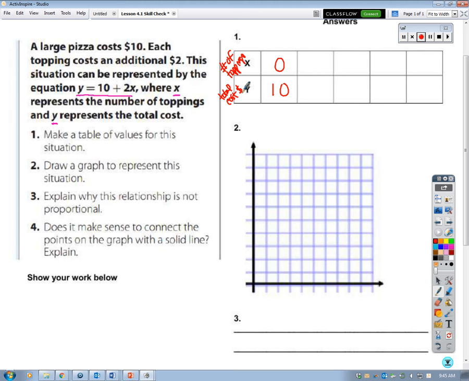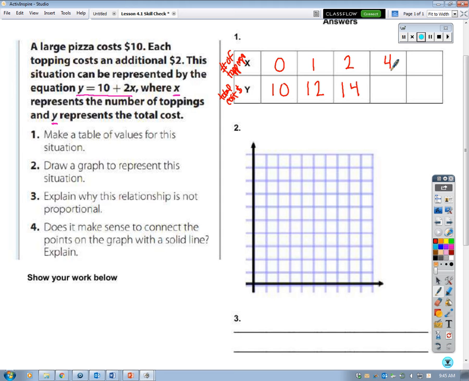Okay, so using this equation, we can plug in any number of toppings and figure out how much the pizza is going to cost, right? So if we have 1 topping, I'm going to plug that value in here. 1 times 2 is 2, plus 10 is 12. So a pizza with 1 topping costs how much? How much does a pizza with 2 toppings cost? 14. How much does a pizza with 4 toppings cost?